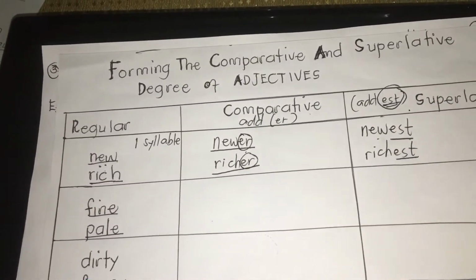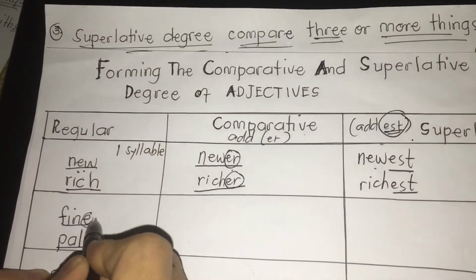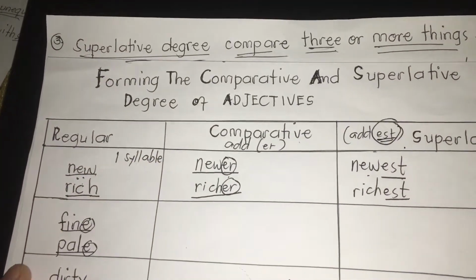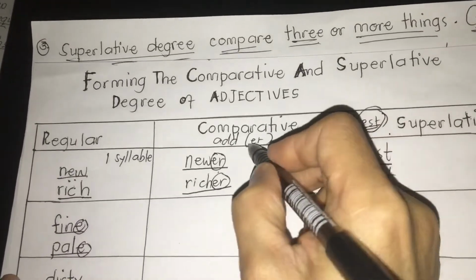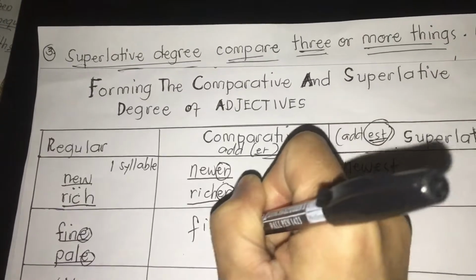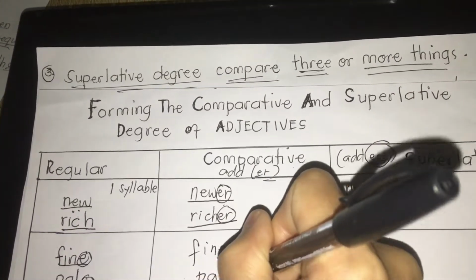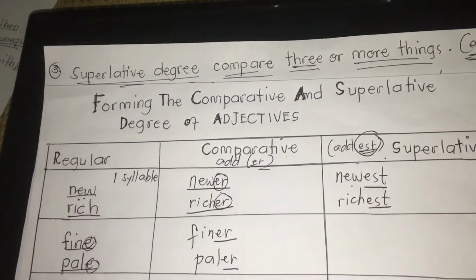In fine class, remember, these adjectives actually end with e. We have first here fine, it ends with e, and this adjective fine and pale. So we are going to add r. It becomes finer. Pale becomes paler. What about in est?